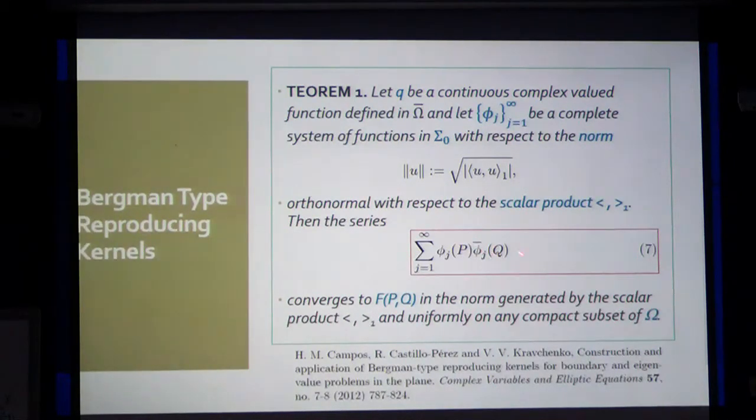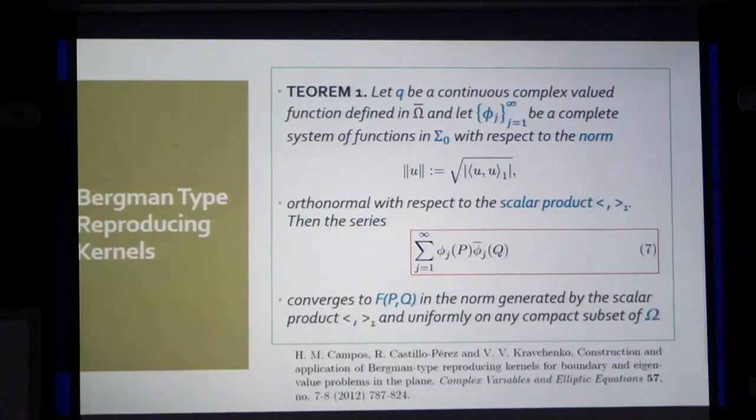This gives us a way to compute F based on these functions, and we then need a complete set of functions in sigma 0 with respect to this norm.